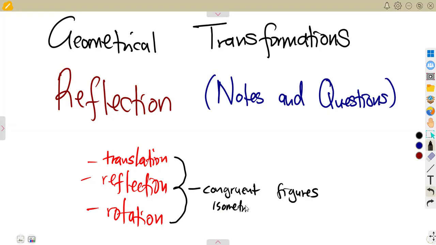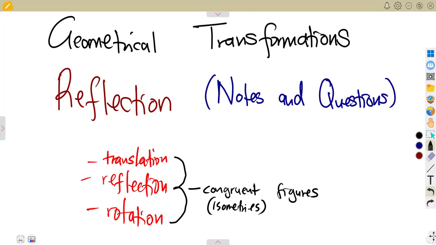So meaning to say that whenever you think of a translation, you must be thinking of a reflection at the same time. You must be thinking of a rotation at the same time. It's because of the congruent figures.